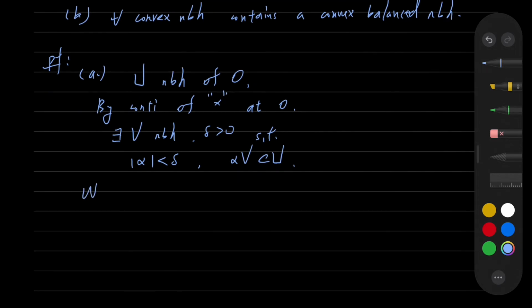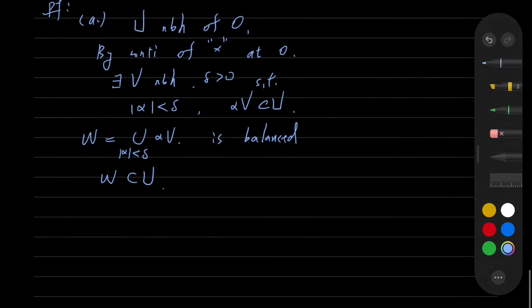So we define the set W to be the union that runs over all the scalars that are smaller than delta. Then this is obviously balanced, and it is obviously containing U because it is true for every alpha. So the first part is very easy. It is done. The second part though is a bit tricky.